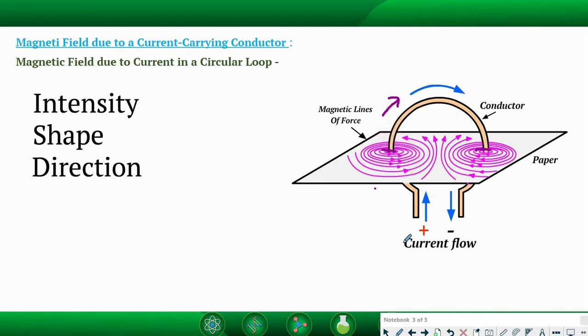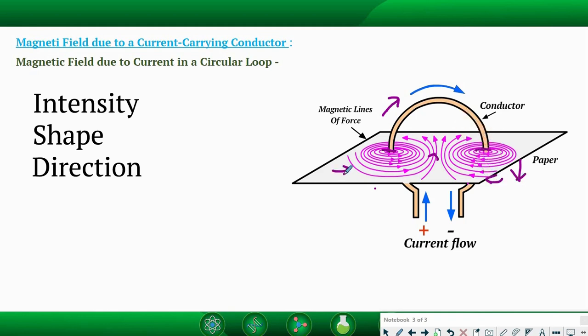So the magnetic field lines near the center of the loop due to this point will be pointing this way. Now if we take another point and try to figure out the direction of magnetic field here, we find that the current is going downward. According to our right hand thumb rule, the direction of magnetic field is clockwise.